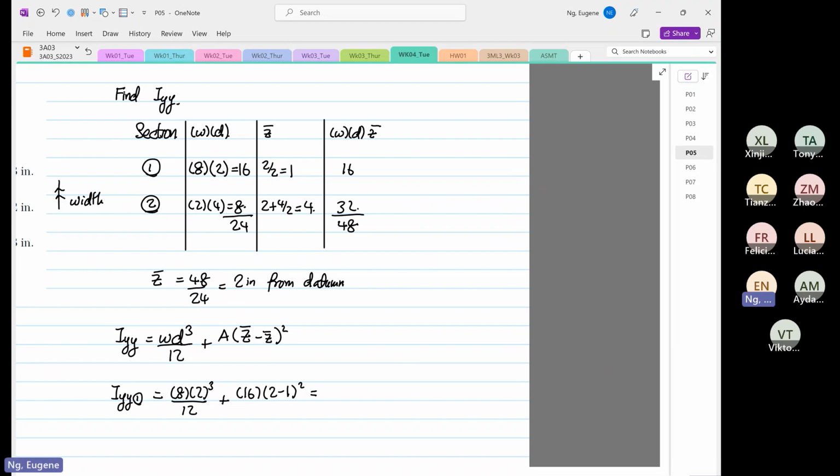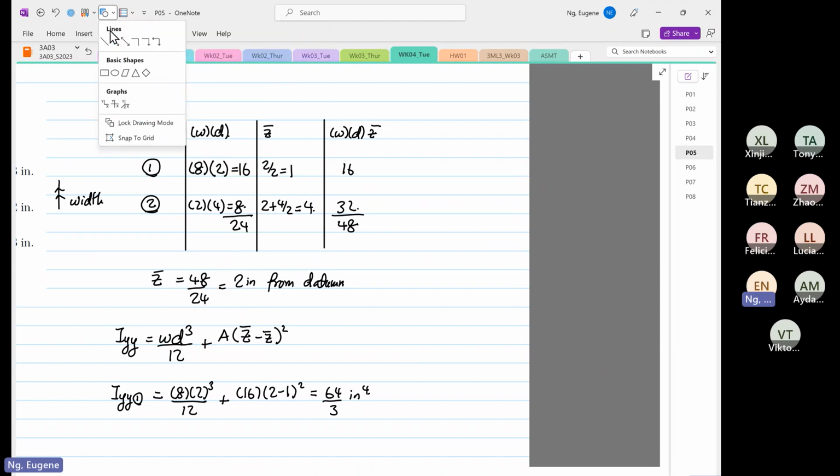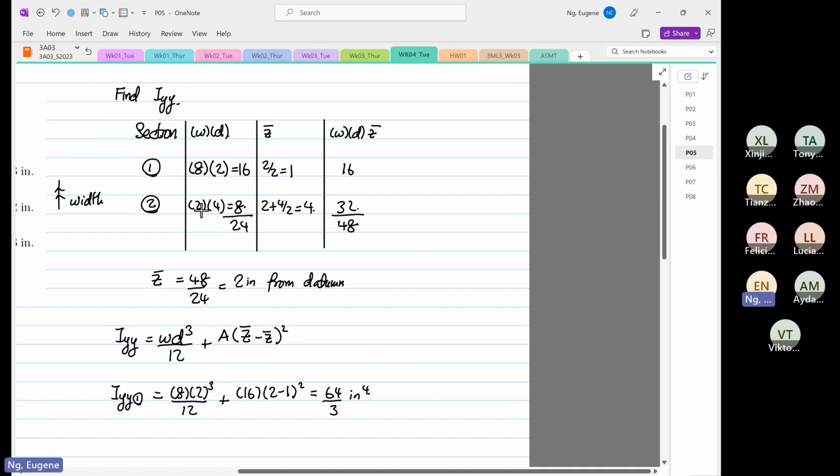So this will be equal to 8 times 2 power 3 divided by 12 plus 16. So the answer is 64 over 3 inches to power 4. So how do I know this number? I just focus on the table. Some of you will say, Eugene, what do you mean focus on the table? So I just look at the table and I can formulate the numbers for the second moment of area.